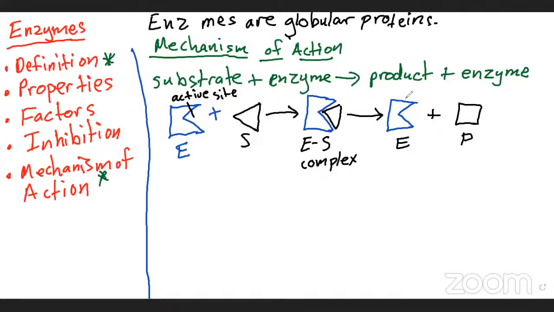And so this same enzyme could work on a next substrate again. Of course, it has to be the same substrate, but a different molecule. You have your enzyme, it binds to the substrate, you get your enzyme substrate complex. The enzyme converts the substrate into your product.